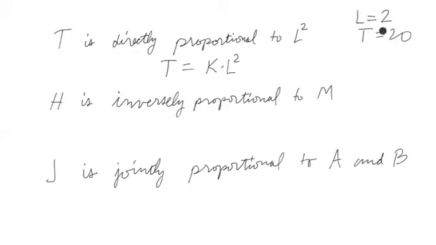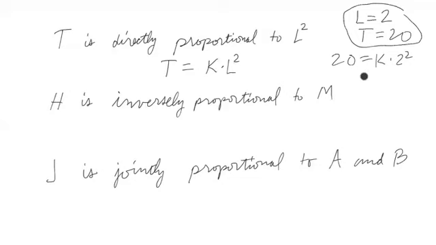Well, what does that mean? If we throw these numbers in, 20 is equal to K times 2 squared. Notice that K is 5. So using the example values, we can actually determine what this proportion is. So we have T is equal to 5 times L squared.